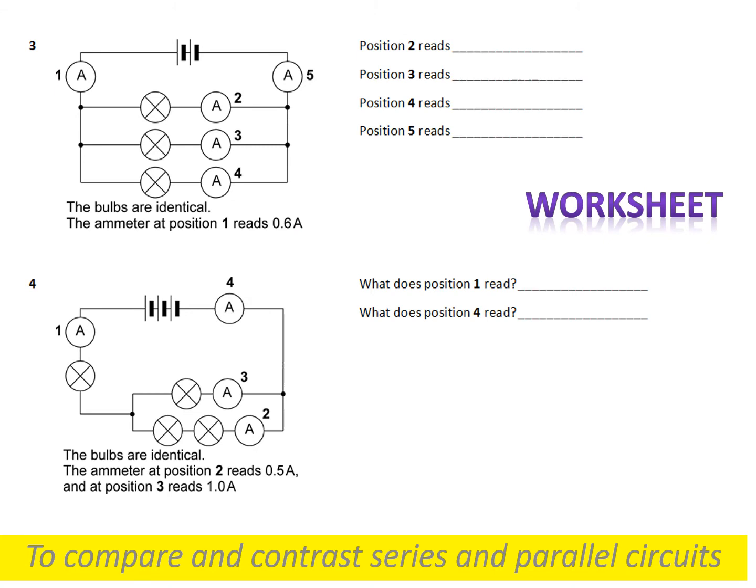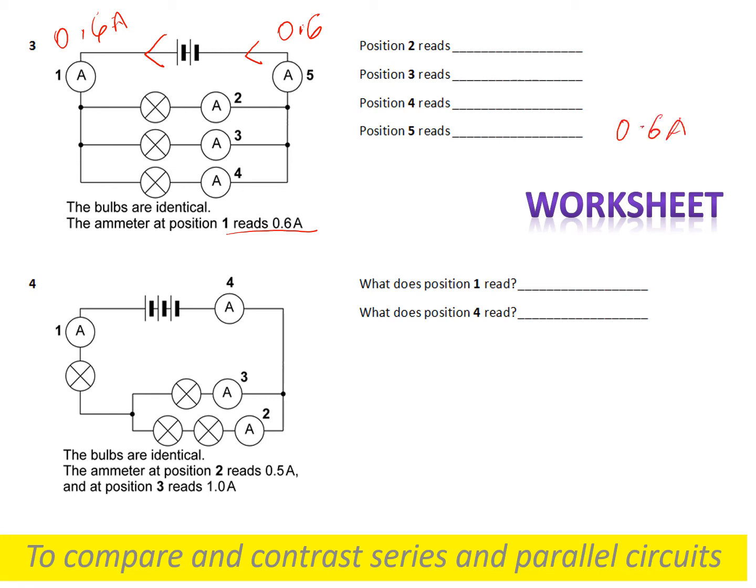Now, continuing with the worksheet, it says ammeter at position 1. So this is going to read 0.6 amps. So this is the current coming from the cell. Like before, if the current coming from the cell is 0.6 amps, the current going back to the cell should also be 0.6 amps, isn't it? So position 5 reads 0.6 amps.